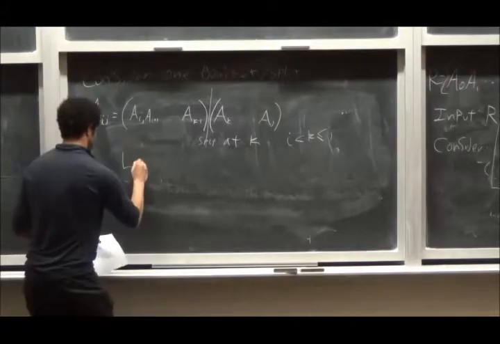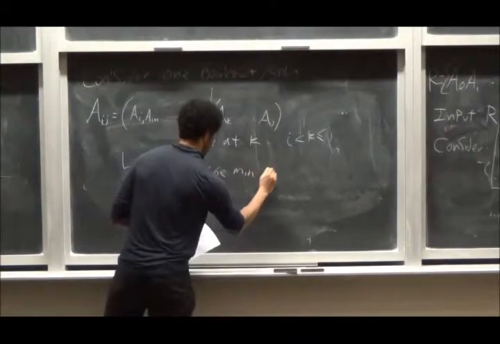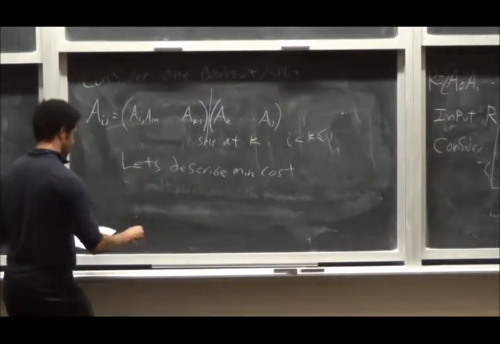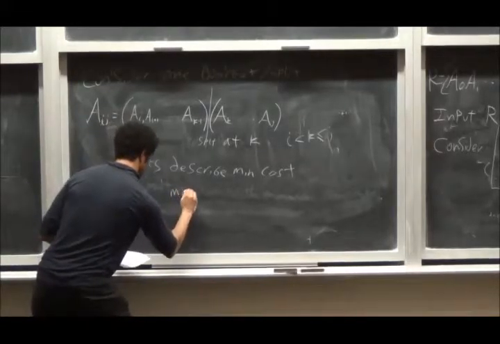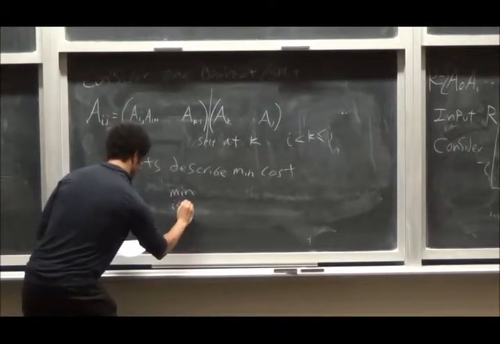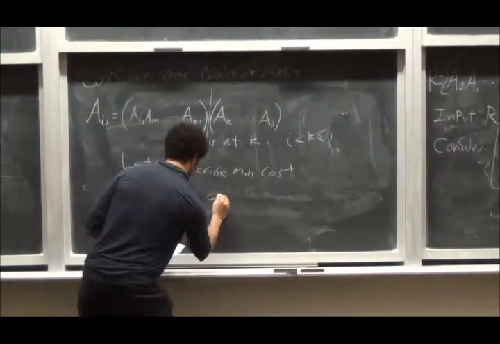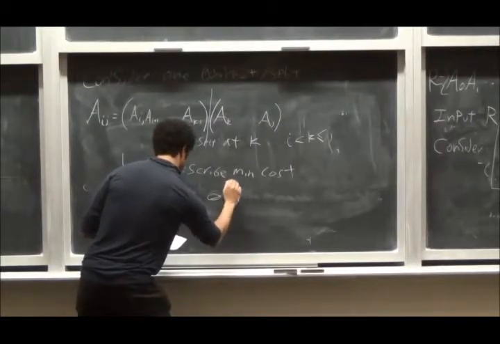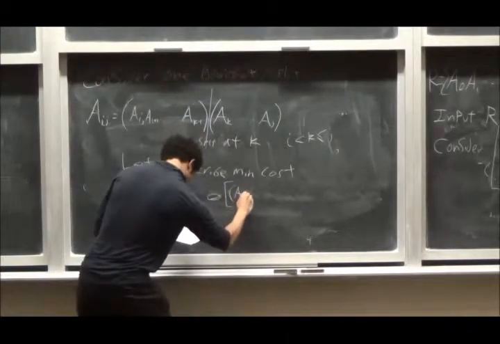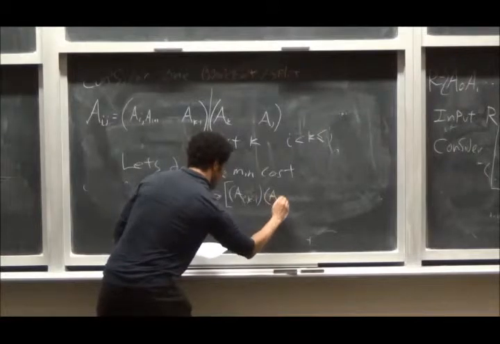So let's describe the minimum cost. And the minimum cost, for one bracket, is just going to be the min, given the theta, so the runtime of the operation where you multiply, given these, A of i to k minus 1 times A of k to j.